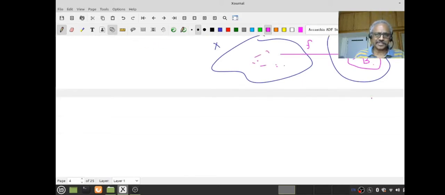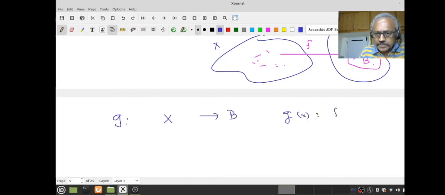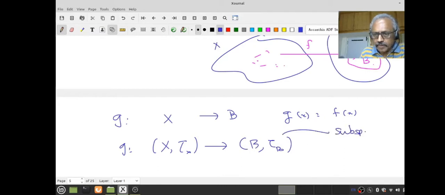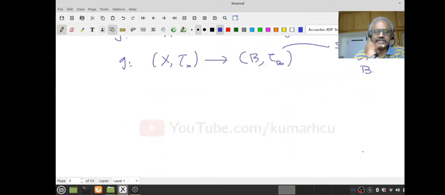Now can you think of what is the question I want to ask? Therefore now I have a function g from the set X to the set B, where g of x is f of x. Now I can think of g as a function from the topological space (X, tau X) to (B, tau B), where tau B is the subspace topology. Now the assertion I want to make is the following.